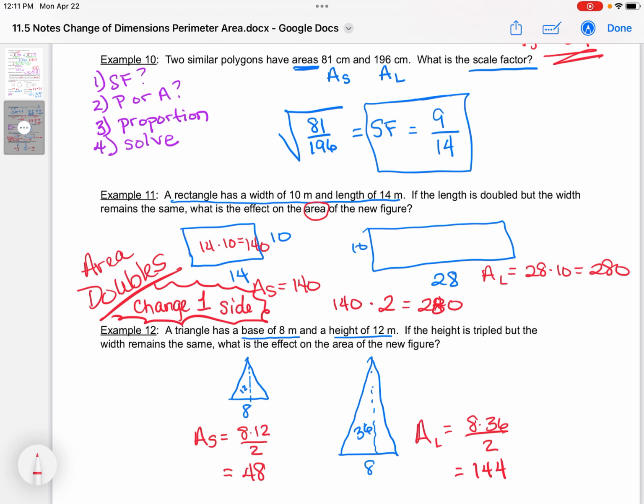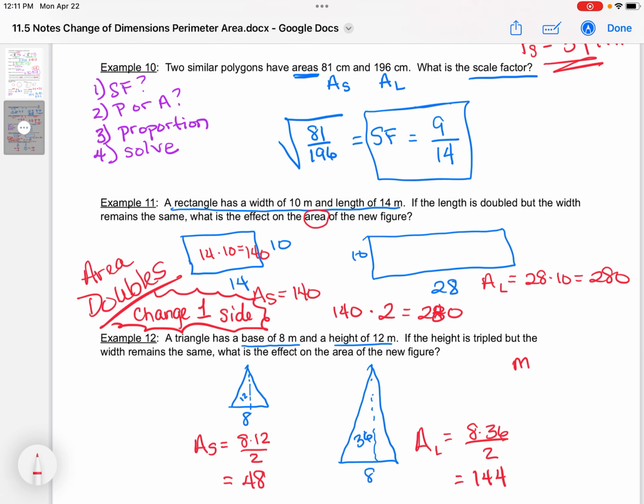So I thought it was going to triple. So my guess, area triples. Let's see if it works. I'm going to take 48 and I'm going to multiply it times 3. 3 times 8 is 24, 144. So yes, it did. The area tripled.